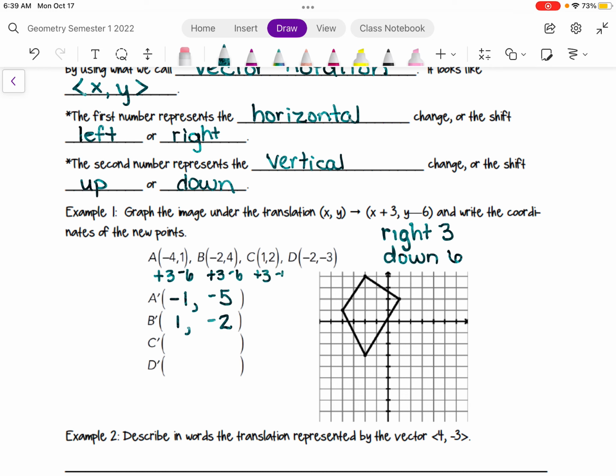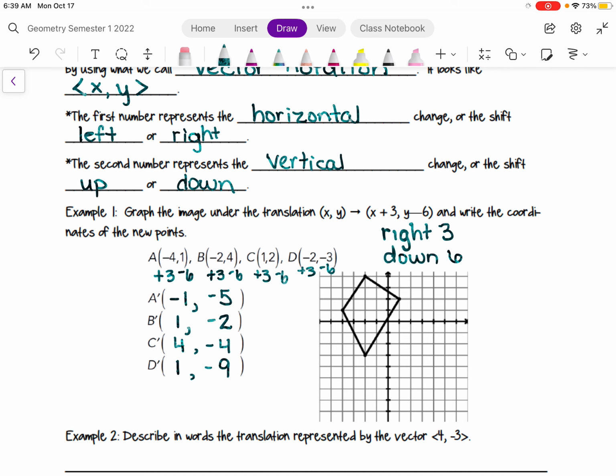Plus 3, minus 6 becomes 4, negative 4. And this one is 1, minus 6 is negative 9. Okay.